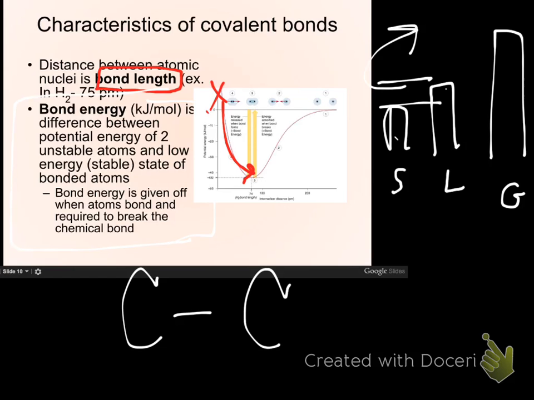Well, the same thing exists here. The difference between this amount of potential energy way up here when it's unstable, it's that cliff, that rock on a cliff overhanging Route 7, and this amount of energy when it's nice and low and stable, that difference is the bond energy. That's the amount of energy that's contained in that bond.